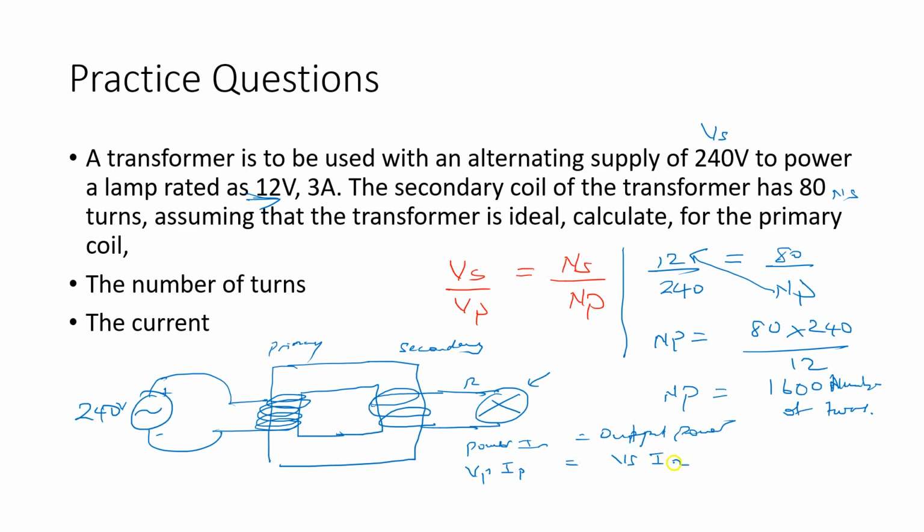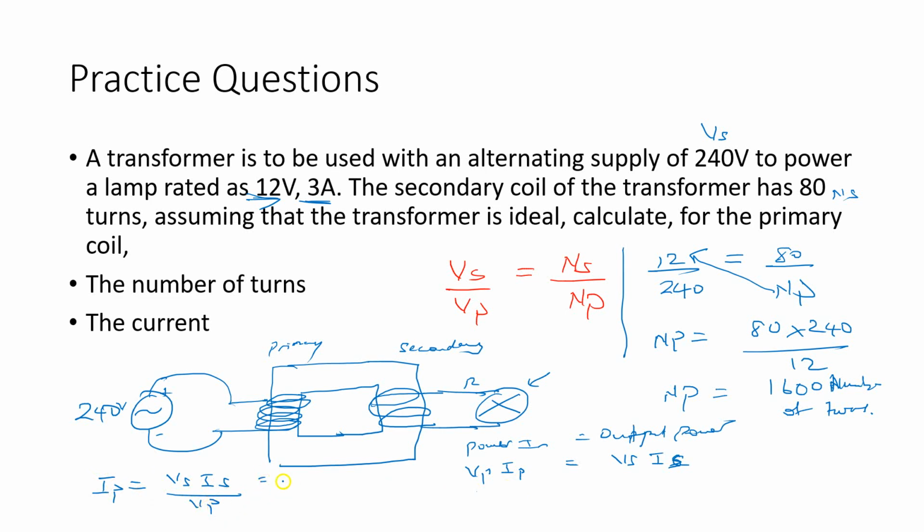You might be wondering what IS is. IS is the amount of current that needs to be passing through the wires so that this light bulb can actually work. By transposition, we want to find IP. So IP is going to equal VS times IS divided by VP.